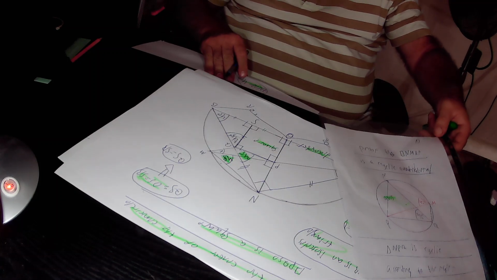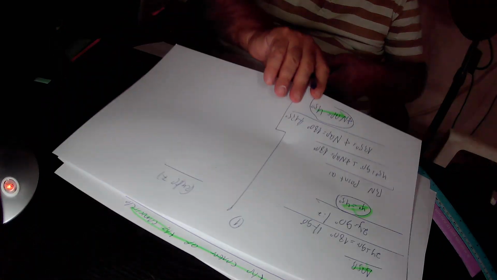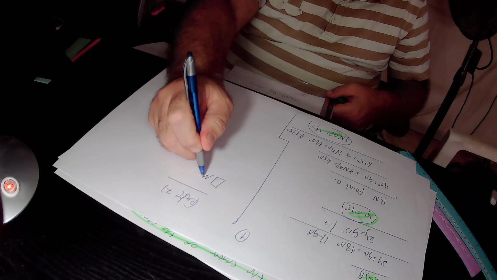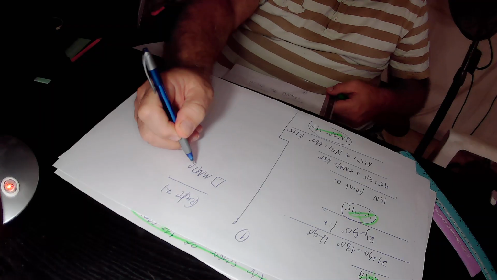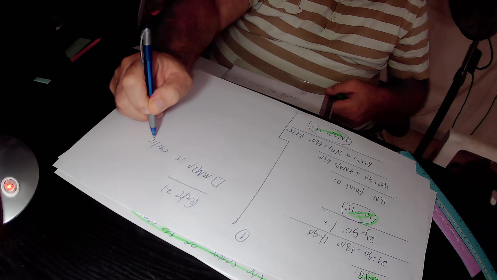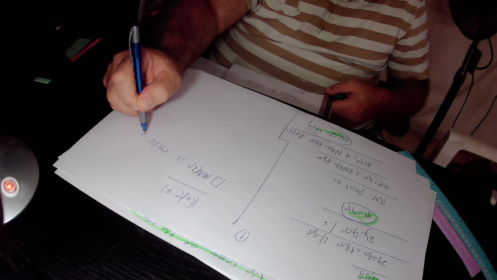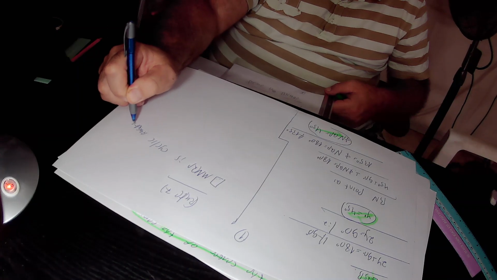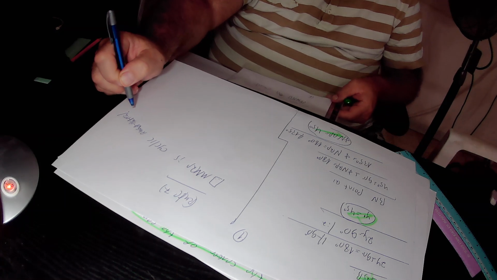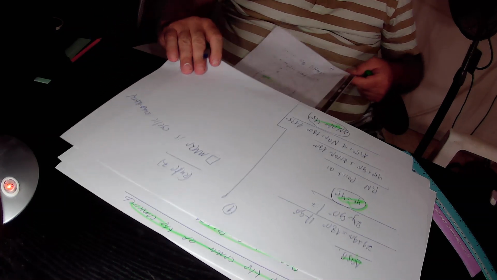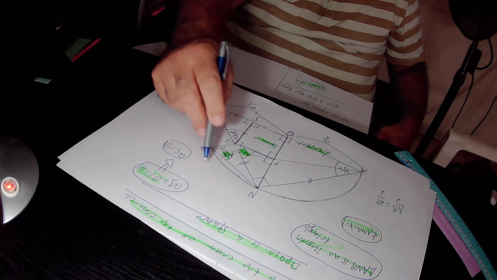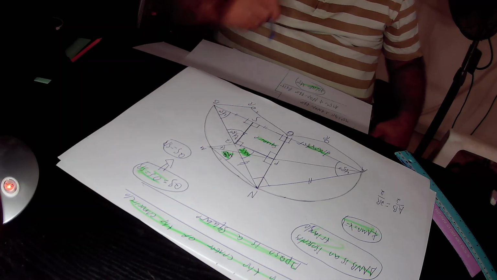So we actually found out that quadrilateral MNQP is a cyclic quadrilateral. So I will draw a circle around this quadrilateral NMQP, because it is a cyclic quadrilateral.